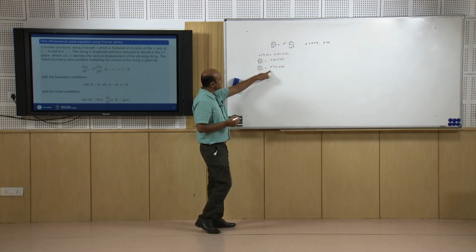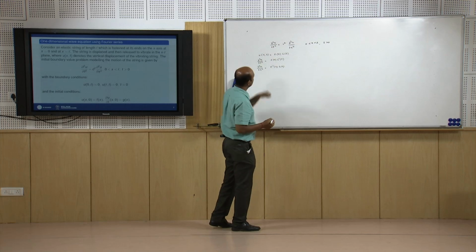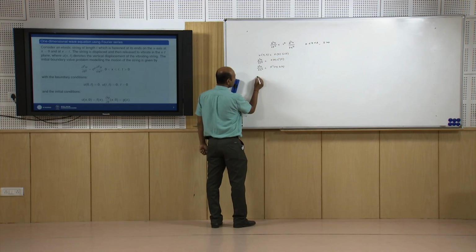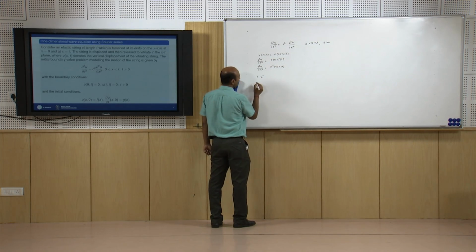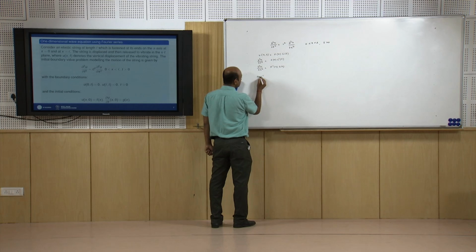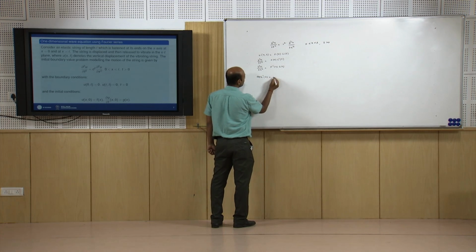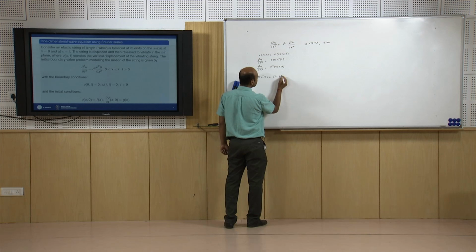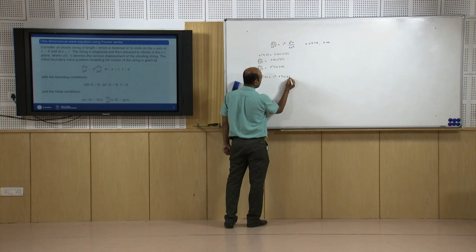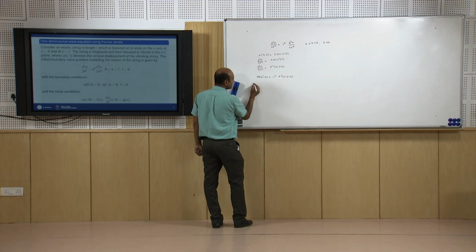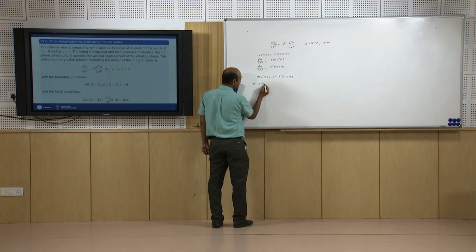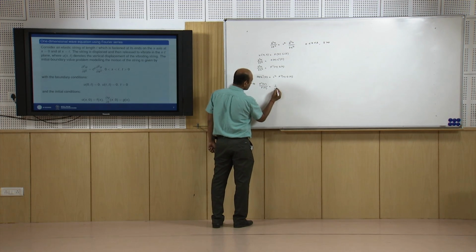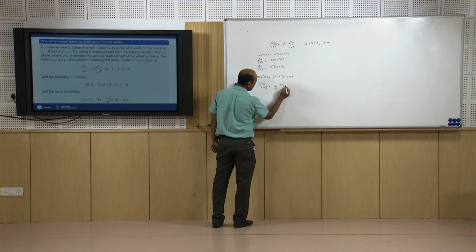You substitute these over here. What we obtain is f x into g double dash t equals c square f double dash x into g t. This implies f double dash x upon f x is equal to 1 upon c square times g double dash t upon g t.